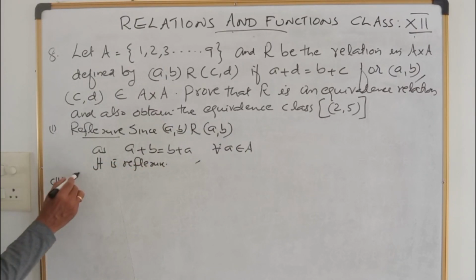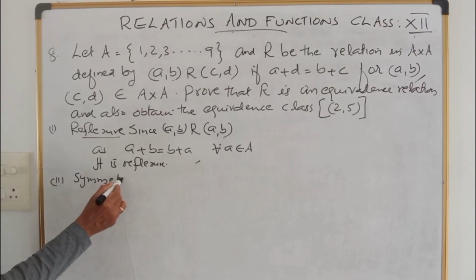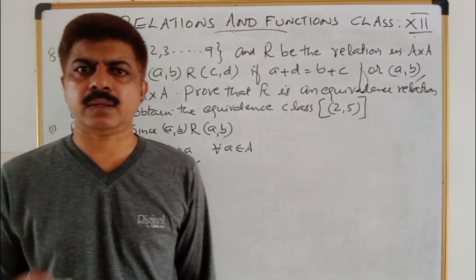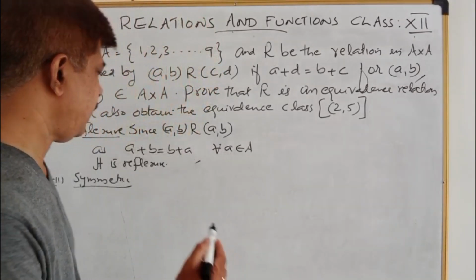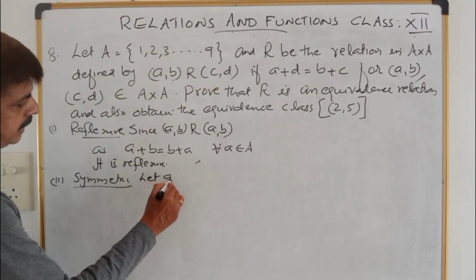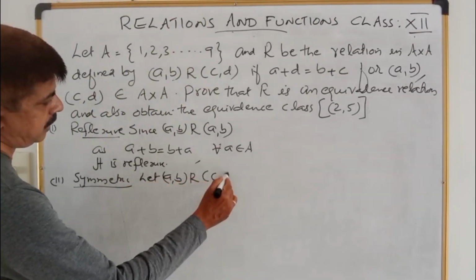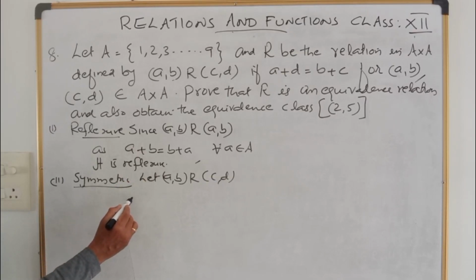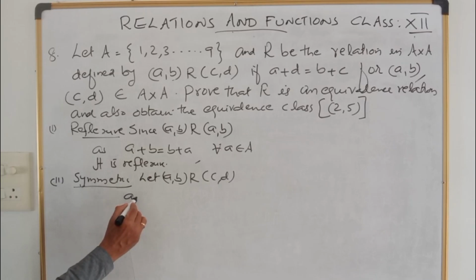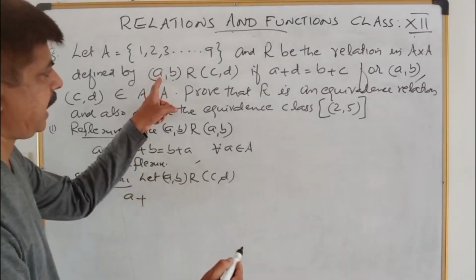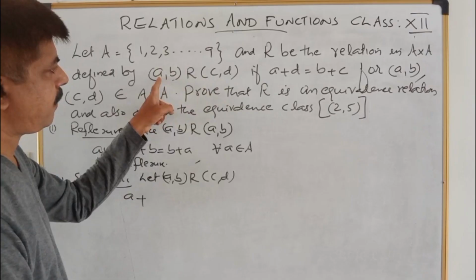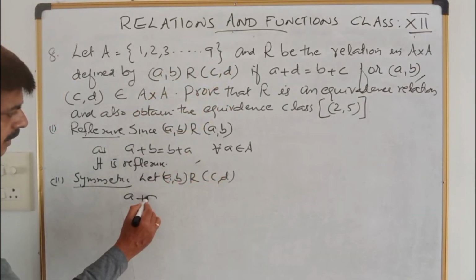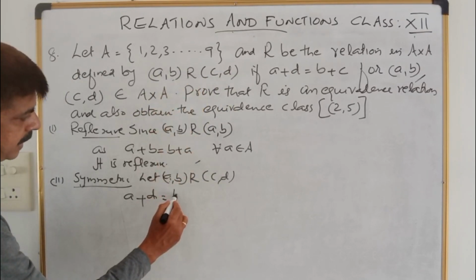Now the next property we have to check is symmetry. For symmetric relations, we know that we have to select two ordered pairs. (a, b) related to (c, d) means we have to prove (c, d) related to (a, b). Let (a, b) be related to (c, d). That means a plus d is equal to b plus c.